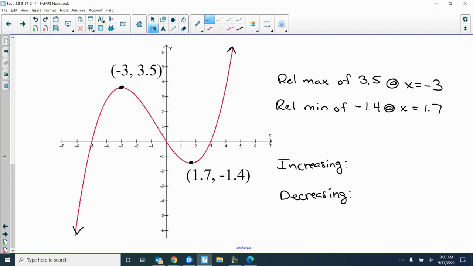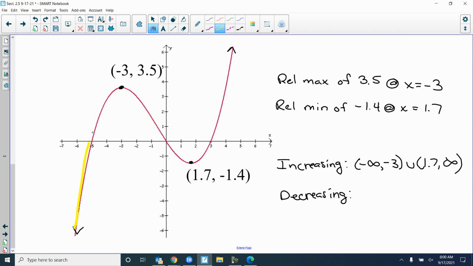Negative and even -3. Okay. And then from 1.7 to infinity. Okay, so negative infinity to -3. Since there's 2, you put a union, and then from 1.7 to infinity.